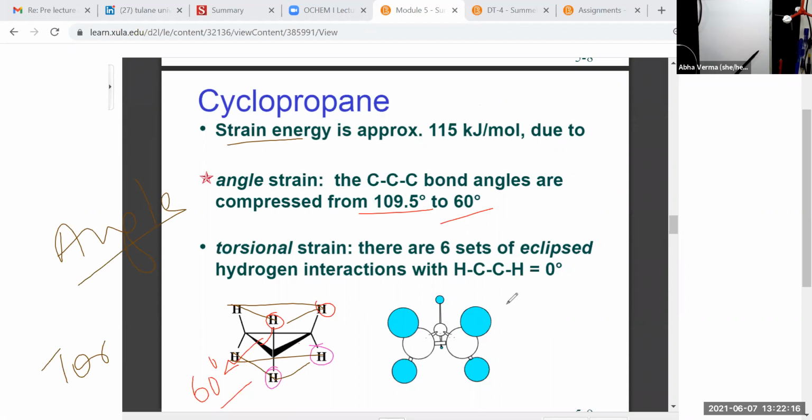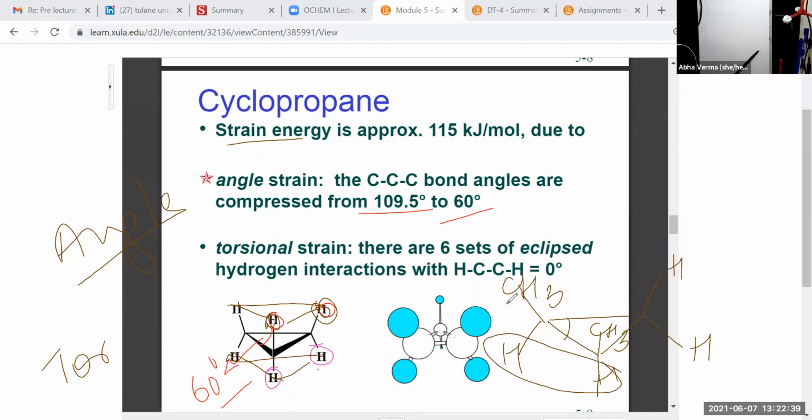Is there a steric strain here? Not here, because all of these are hydrogens. If we had a bulkier group, so let's say I had CH3, CH3 here, and all of the others were hydrogens. Now you will say that there is an angle strain, there is a torsional strain, and there is steric strain also present in this molecule. Any questions?